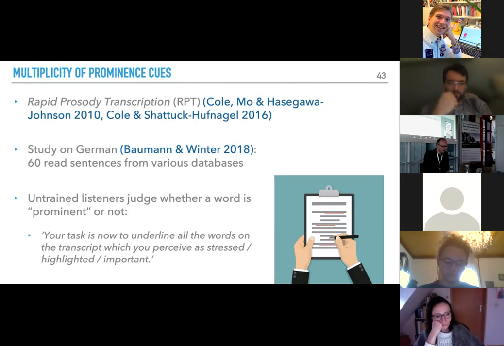And in the instruction, we deliberately left open which reading of prominence listeners should adopt, by saying: your task is now to underline all words on the transcript which you perceive as stressed, highlighted, or important, which is again, by the way, very similar to what Amalia's study was about. She mentioned yesterday.